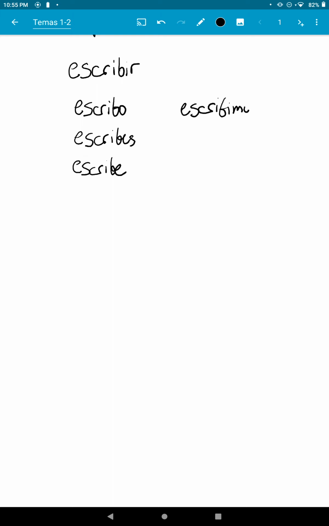Yo escribo. Tú escribes. Él, ella, usted escribe. Nosotros escribimos. Ellos, ellas, ustedes escriben. Good.